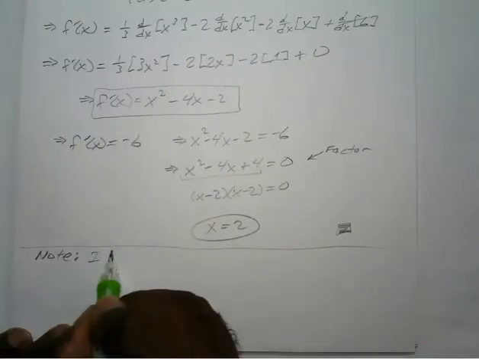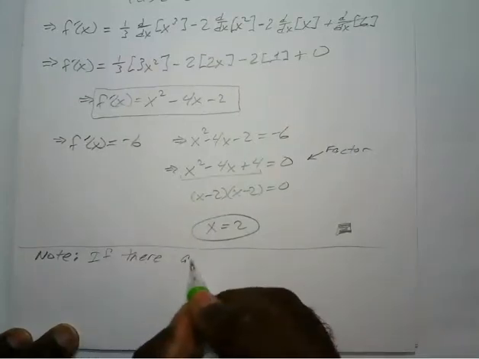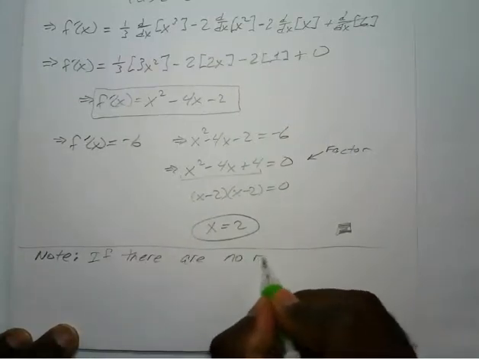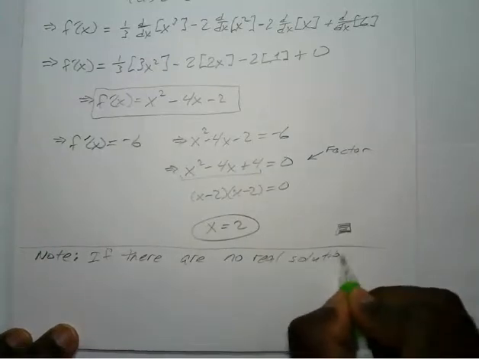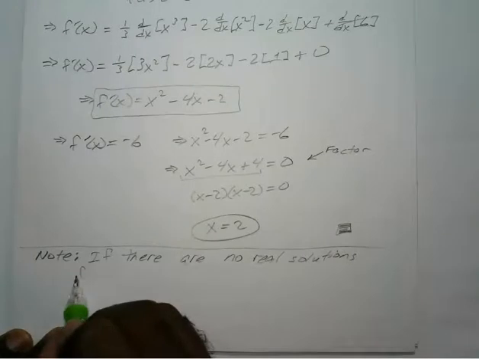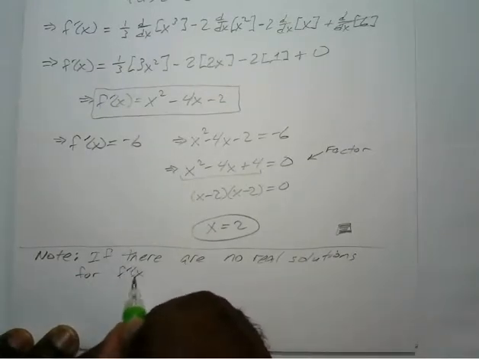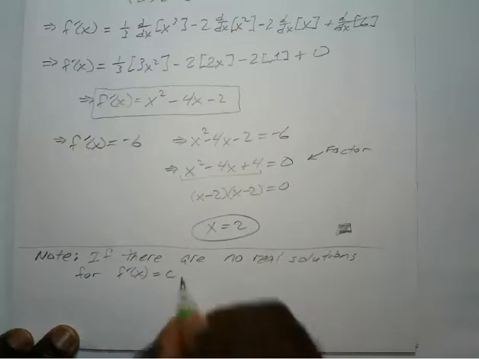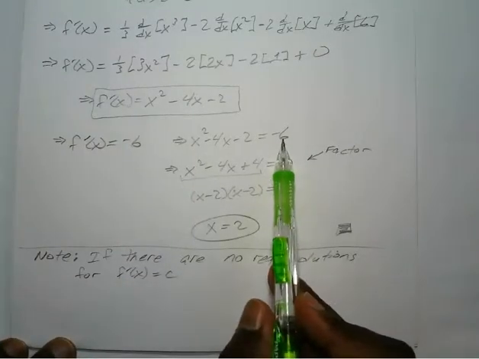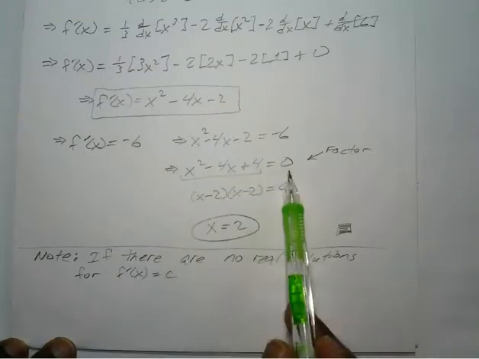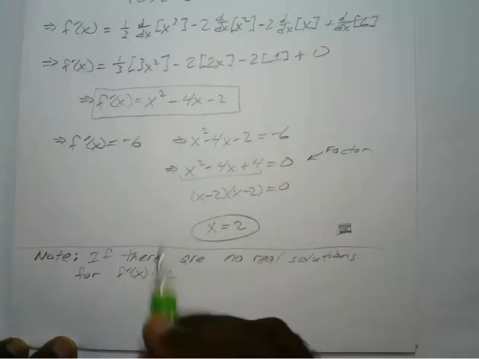Okay, so if there are no real solutions for f prime of x equals some constant c, because whatever that constant c is, you're going to subtract it and make it equal to 0. So if this one was negative 6, it's f prime of x equals c.